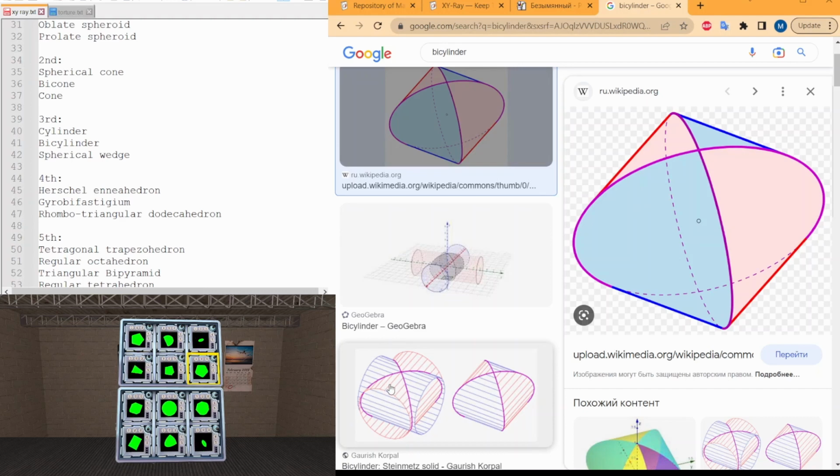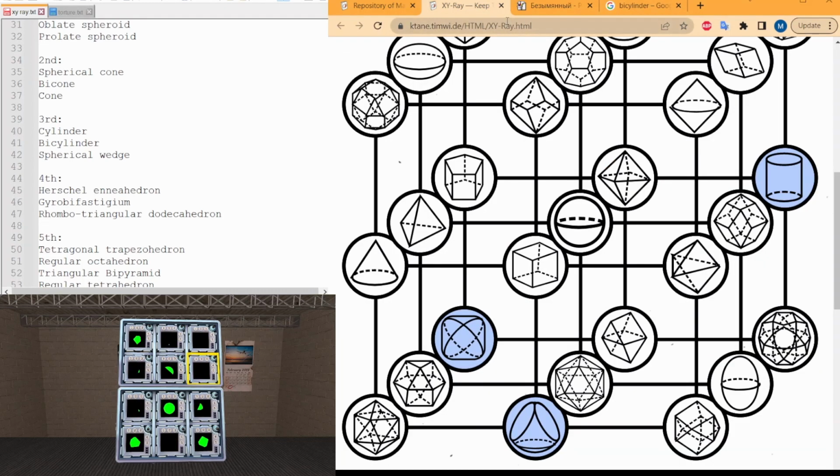And so basically, well, this is how you get it. And spherical wedge is just a sphere without two pieces.